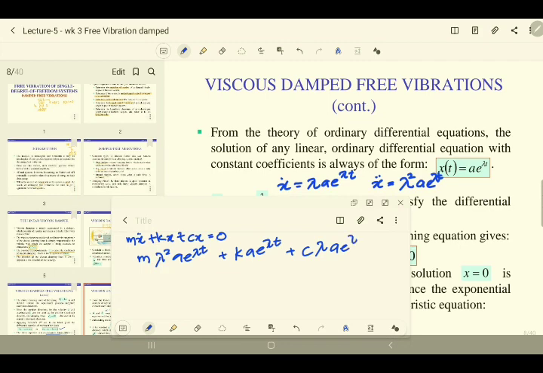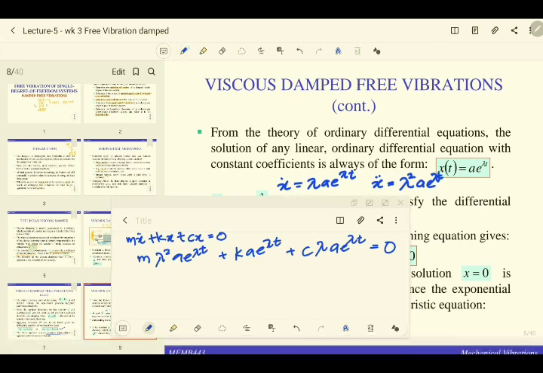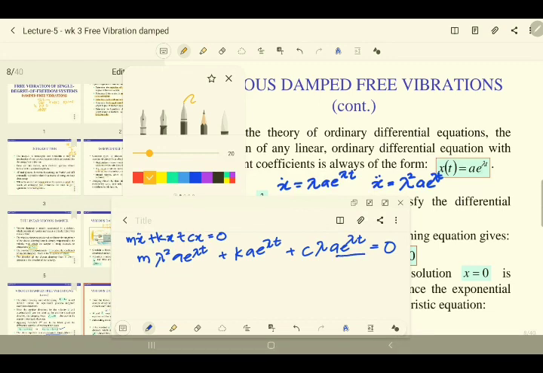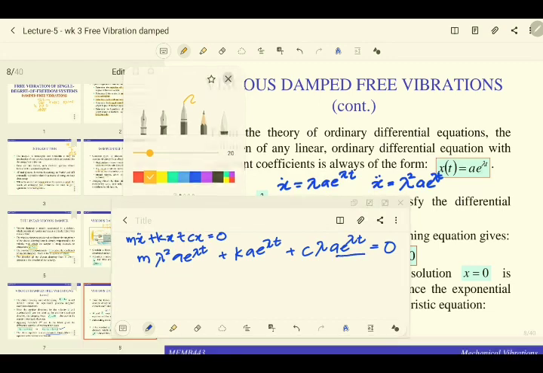So you can see all of them have the same term, isn't it? You have all this A e term there.